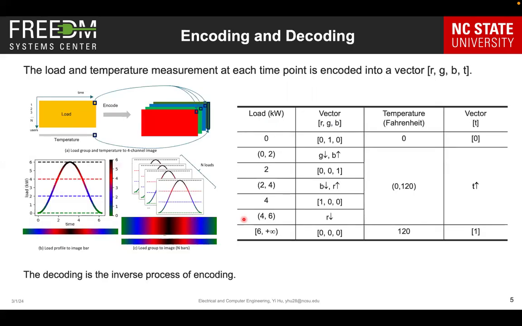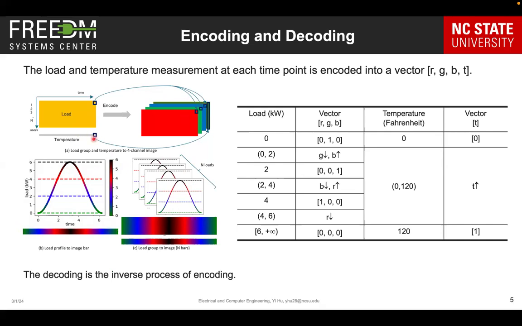This is the detailed information about the encoding and decoding method. For each single node profile, we encode it into an image bar, meaning only one row. And for multiple node profiles, we can encode them into multiple rows, meaning this is an image. For each value in the node profile, we encode it into a vector consisting of 3 values, and those 3 values are mapped into the RGB 3 channels.